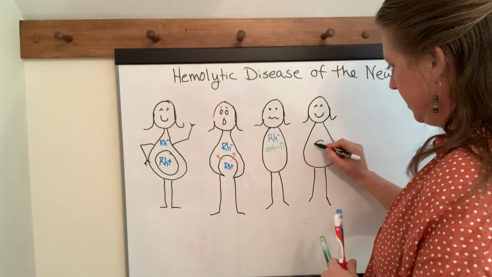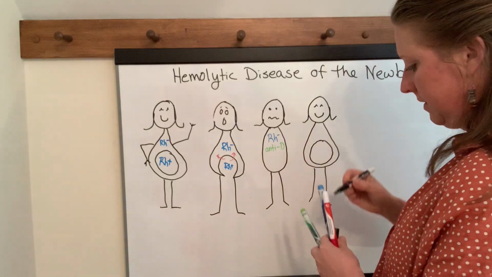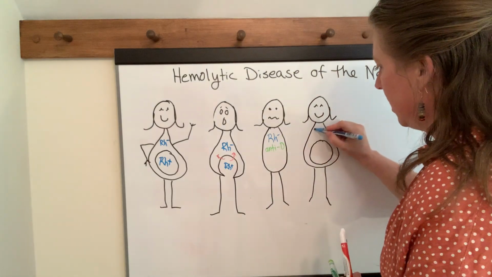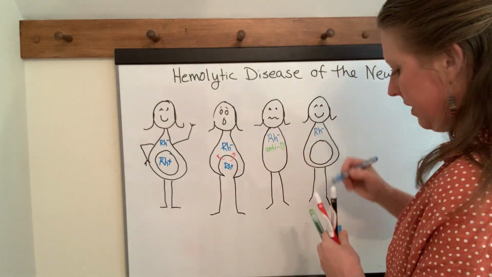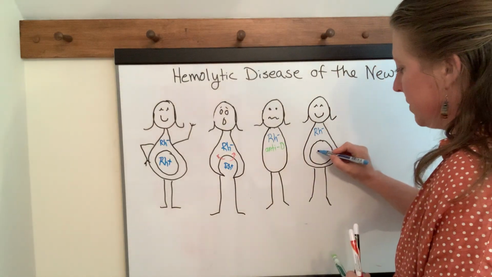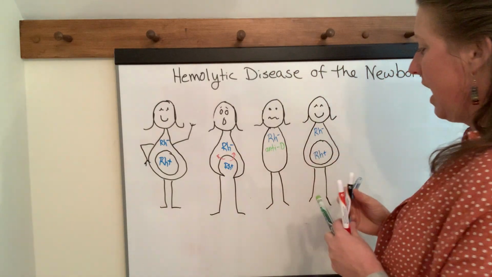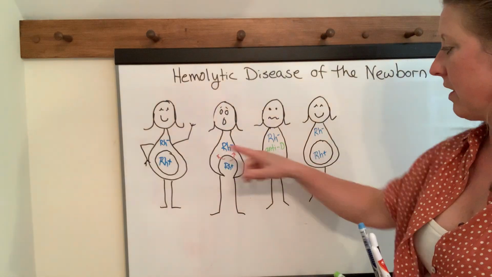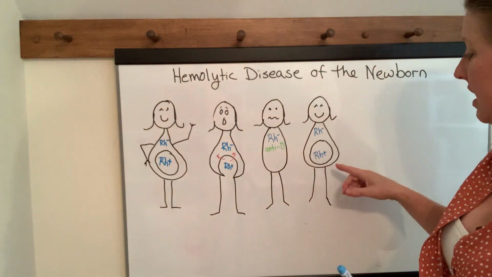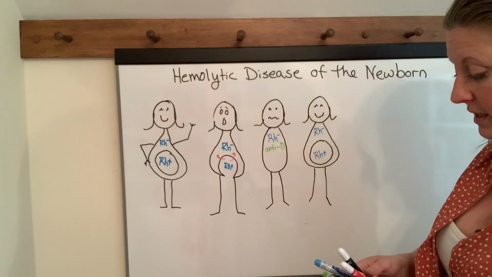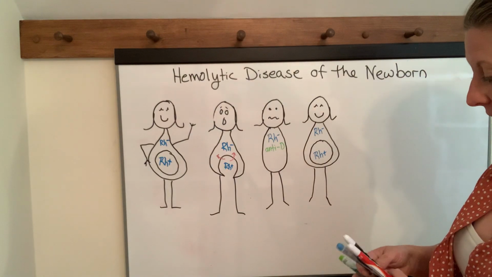Okay, so mom is still Rh negative, and this baby is Rh positive. And just like before, that's okay because this blood and this blood are not going to mix. The placenta prevents the blood from mixing.